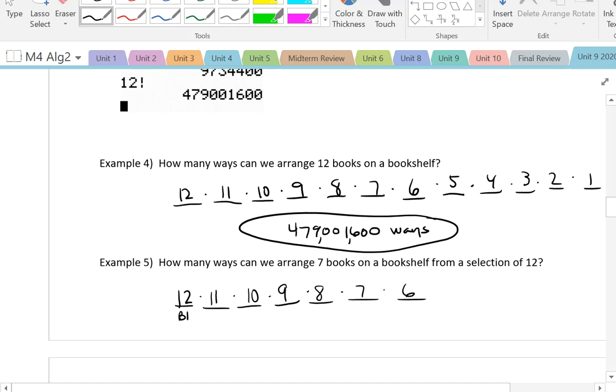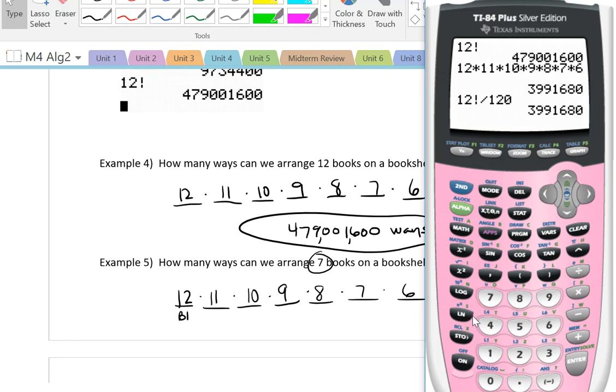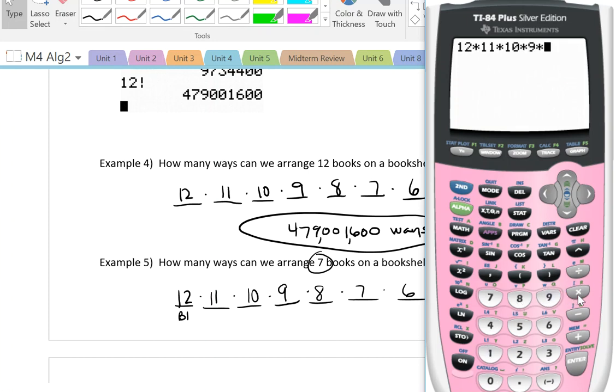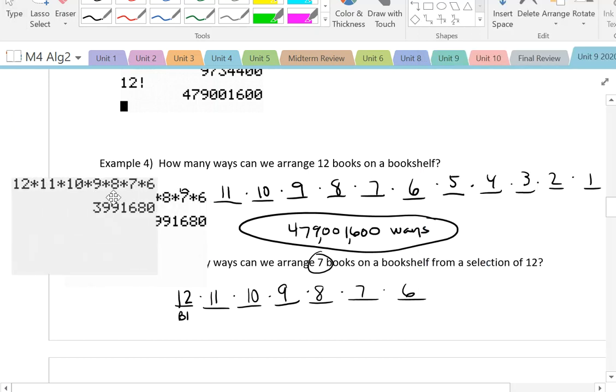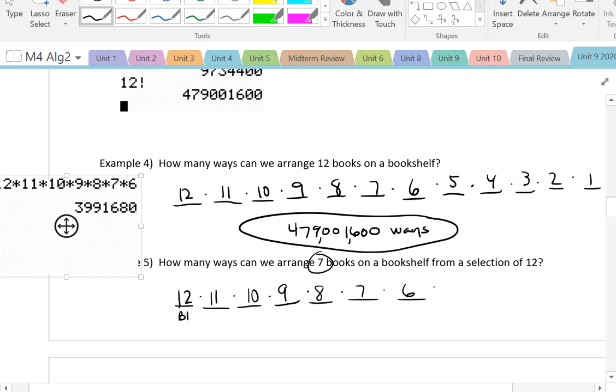Now we stop there because we're only choosing 7 books in total. Not all 12 books are being used. So here we're going to have 12 times 11 times 10 times 9 times 8 times 7 times 6. So significantly smaller.